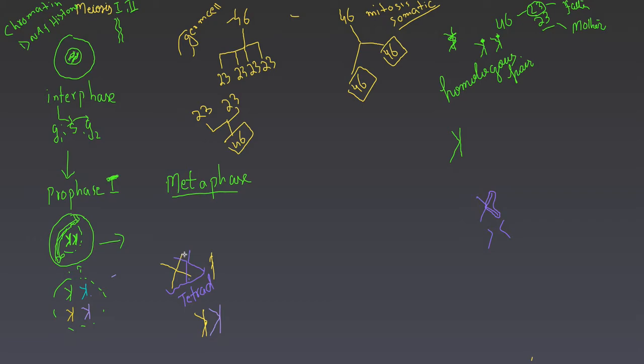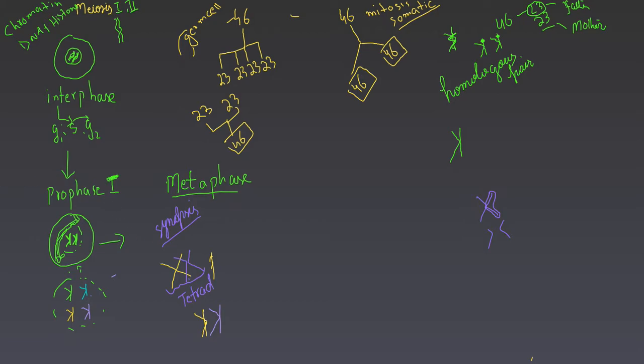They code for the same gene but different versions of the gene. Keep in mind that. So what they do is they switch their places around. They switch the genes around. This process is actually called synapsis, a process in which the alleles, or the versions of the gene, switch their places around.